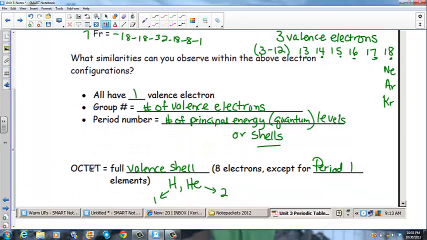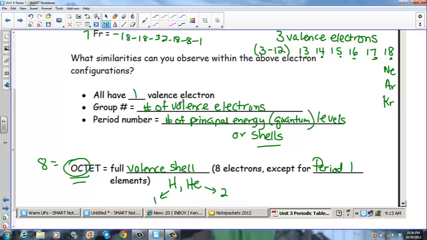So, octet. This means an oct. The prefix oct means 8. All right, this indicates that there's a full valence shell, which means 8 electrons, except for period 1 elements.